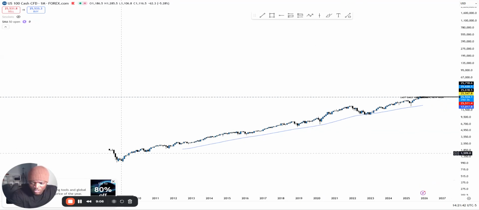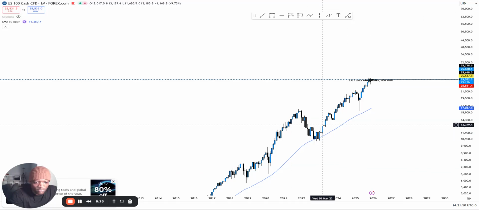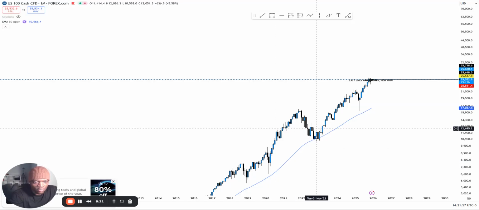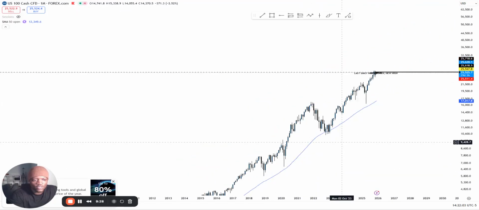It's always been on an uptrend since like 2010, 2008. NASDAQ has always been going up. It does little corrections, but at the end of the day, it's more bullish than bearish. I don't even think it's ever been crazy bearish, right?